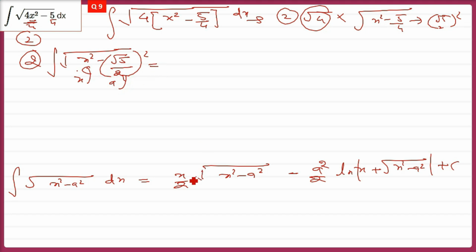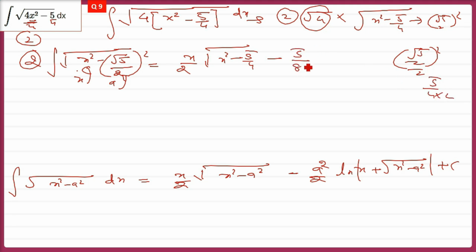In place of a, write root 5 by 2 in this formula which I showed you just down below. x by 2 under root x square minus, what is a? Root 5 by 2 whole square, which is 5 by 4 only. Then minus a square by 2. What is a square? Root 5 by 2 whole square will again give you 5 by 4 only, and there is a 2 also. So we have 5 by 8 and ln log base e of x plus under root x square minus 5 by 4, plus a constant of integration.